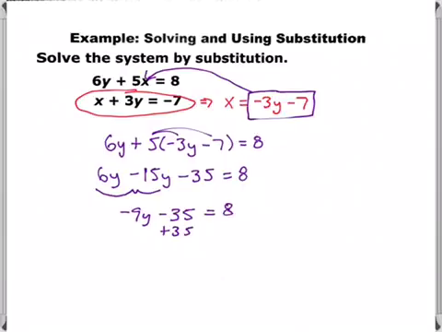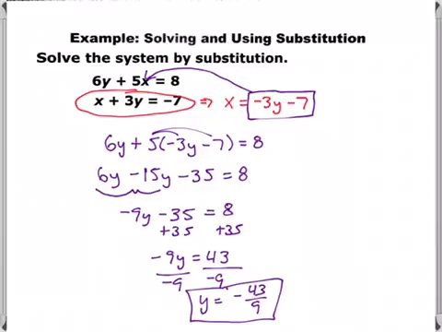I'm going to add 35 to both sides. I get negative 9y equals 43. Divided by negative 9, and I get y to equal negative 43/9.